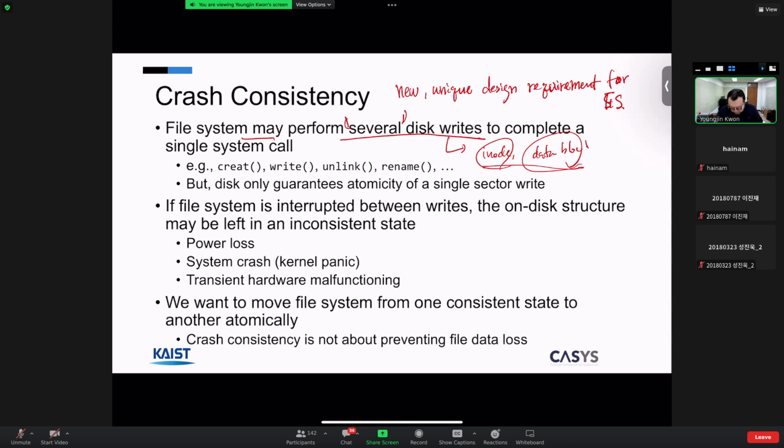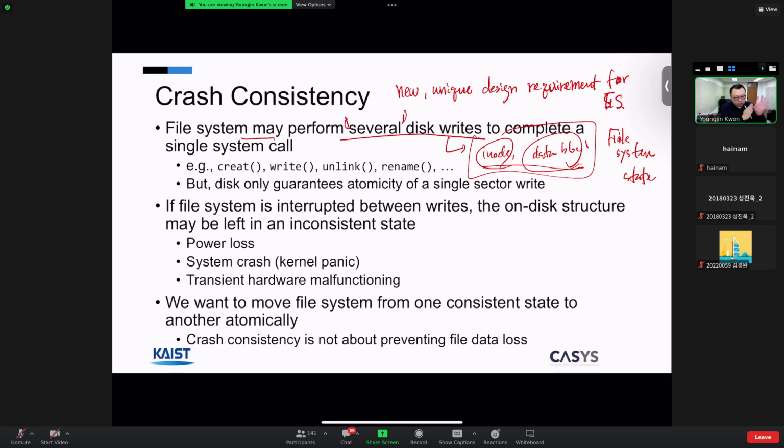Okay, because of that, for understanding this, let's say this is the file system state. State is an ambiguous term, but state kind of describes the required information to run the file system.